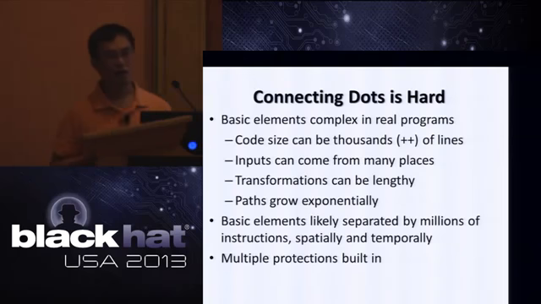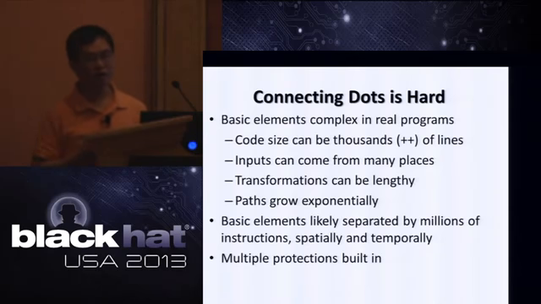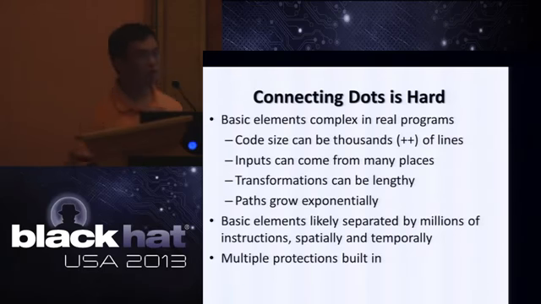The input paths can grow exponentially. Not only can each of them be complicated, they can also be separated. Either they are in code in different modules, or they happen a long time apart. Not to mention that different runtimes and different built-in protections make matters even worse.